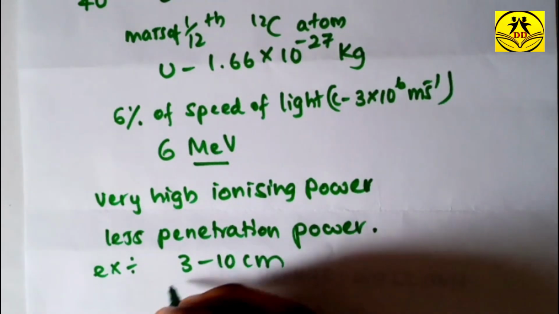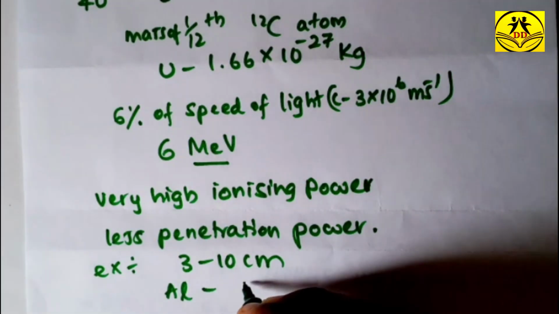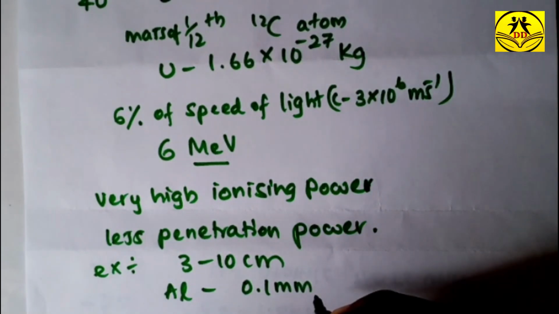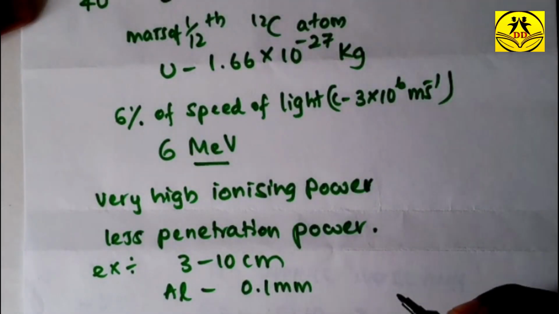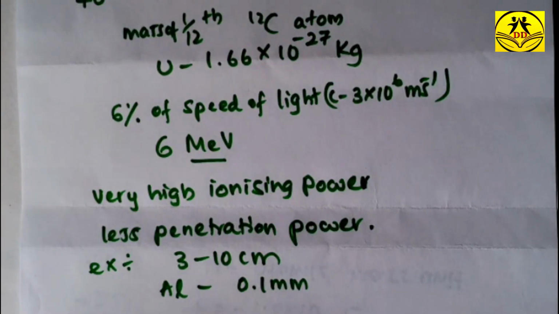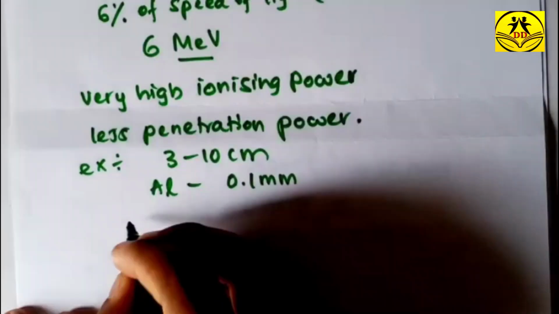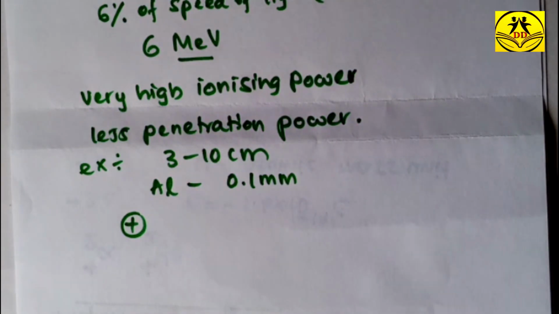They can penetrate an aluminium sheet or paper of thickness less than 0.1 millimeter, and can also be stopped by cardboard. Their behavior in electric and magnetic fields is exactly similar to a positive charge.